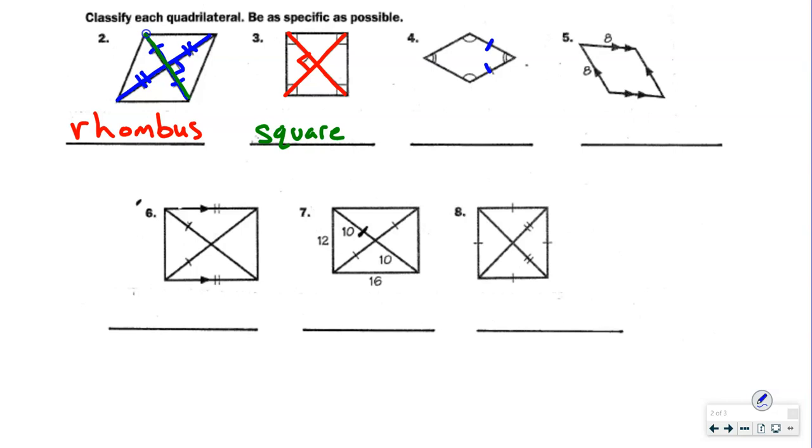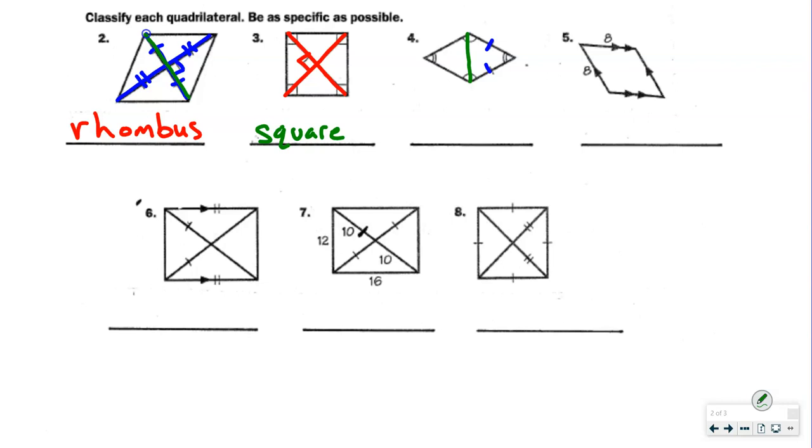Now, if we imagine our diagonals like this, or at least imagine that diagonal, that forms an isosceles triangle on that right side, right? We've got the 2 congruent sides, which would make those 2 angles congruent.